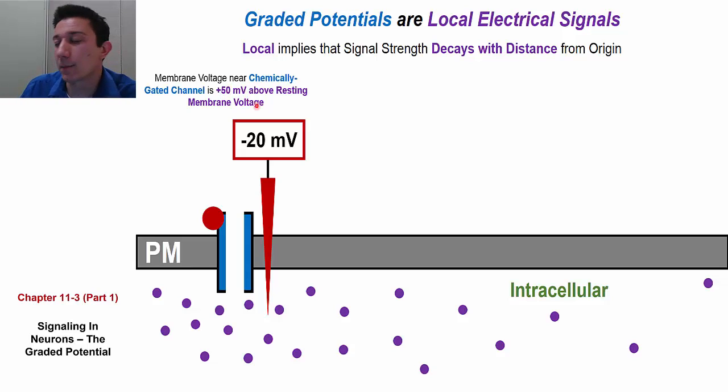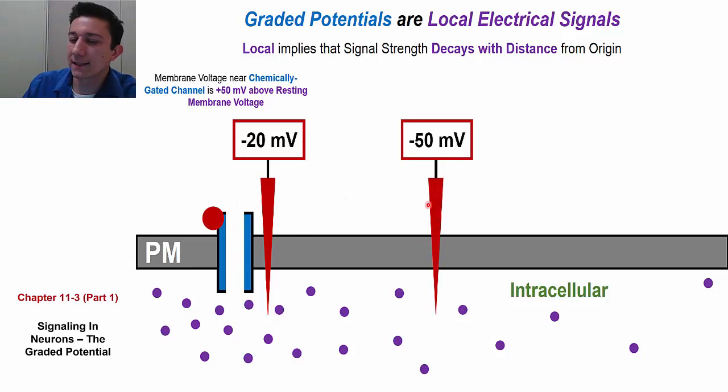So sodium comes in, brings positive charge with it. And we see that our membrane voltage is about plus 50 millivolts above resting membrane voltage. So it went from minus 70 to minus 20 millivolts. So it got closer to zero here, right?